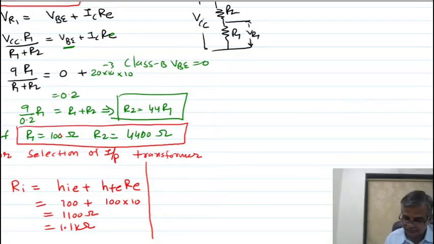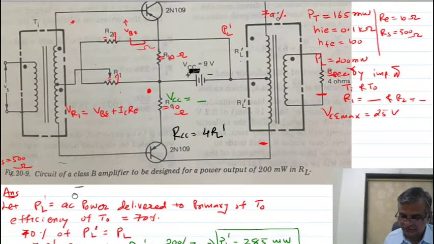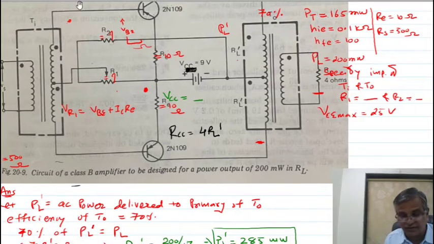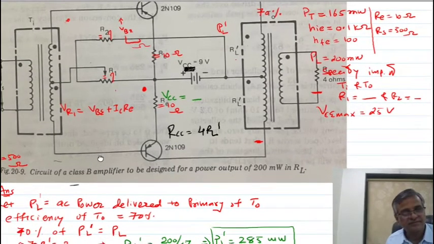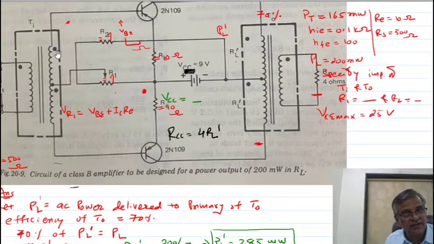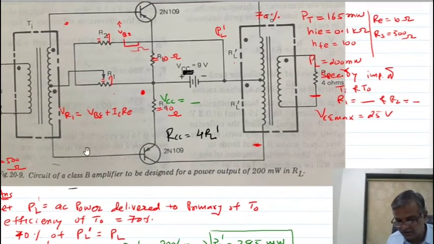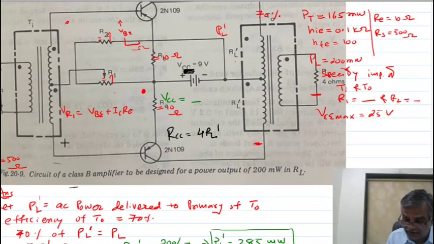Now look, the secondary impedance of the input transformer can be determined by the resistance between the bases of the two transistors. The secondary impedance of TI depends upon the resistance between the base of Q1 and Q2, and you already know that this resistance RBB is 4RI, as we did.